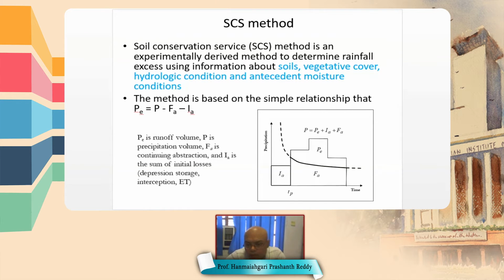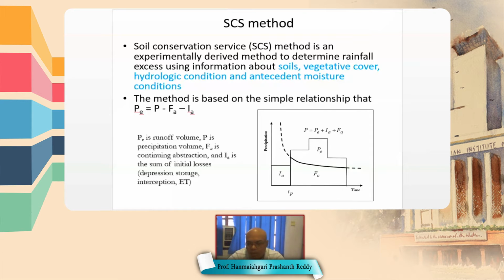They derived it experimentally in many different catchments with different soils, land cover and moisture conditions.